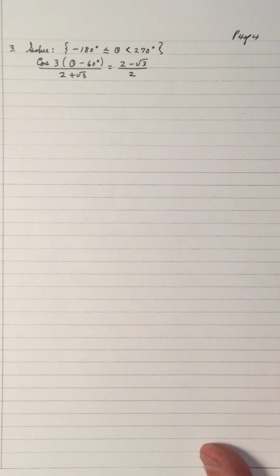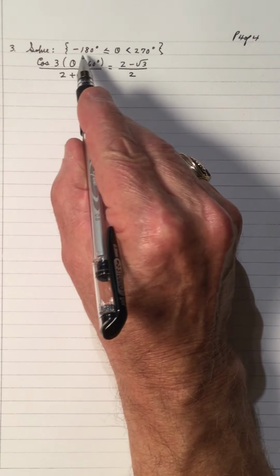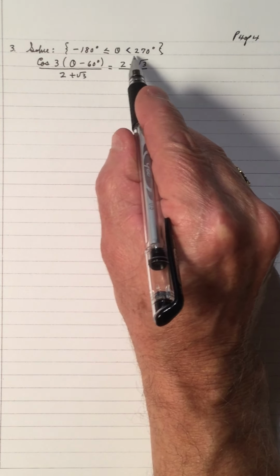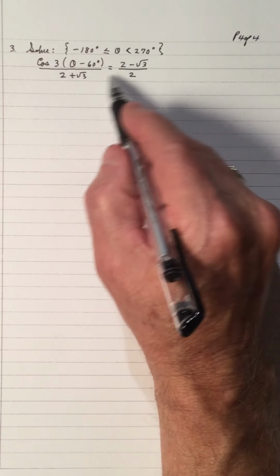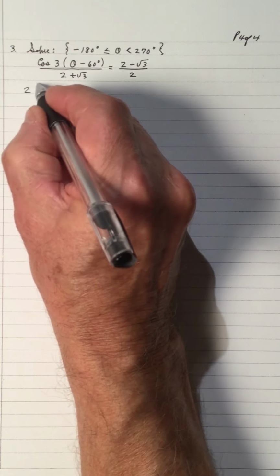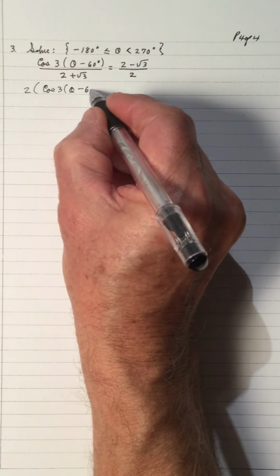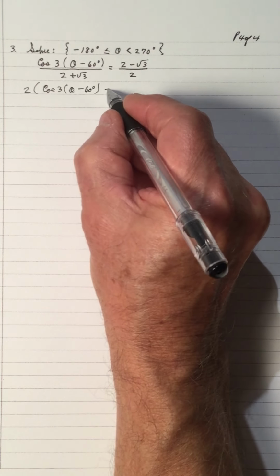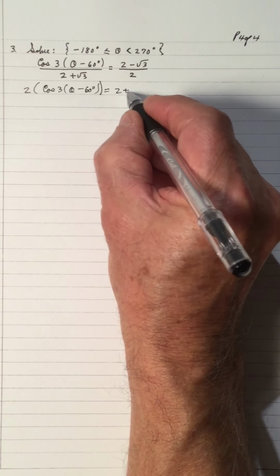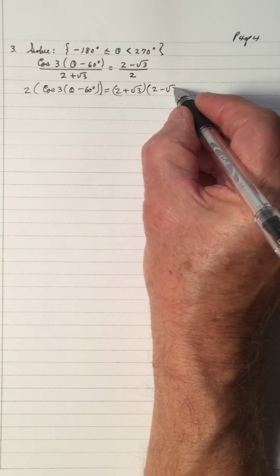Now another one to solve. We have solve, and this one, the restricted domain is from negative 180 degrees less than or equal to theta less than 270. And we have to solve this equation. So because we have two fractions equal, we'll cross multiply. So it's 2 times cos of 3 theta minus 60 equals 2 plus root 3 times 2 minus root 3.